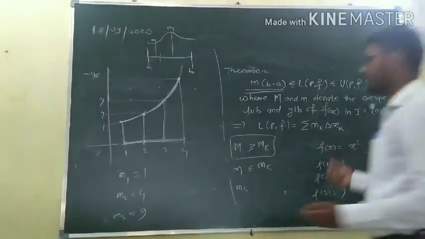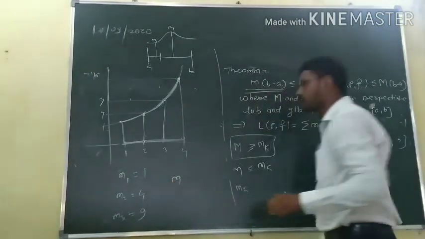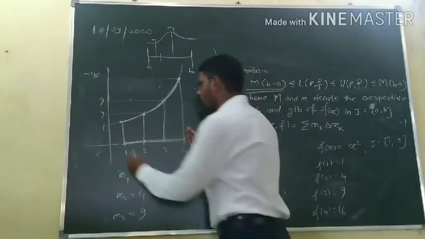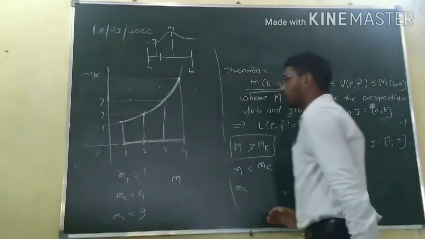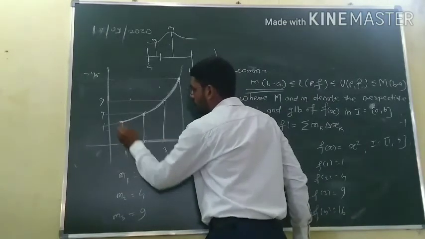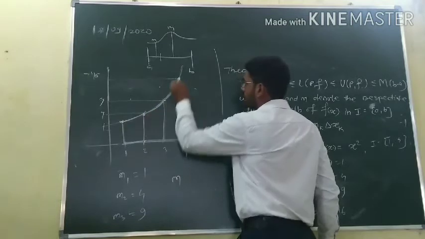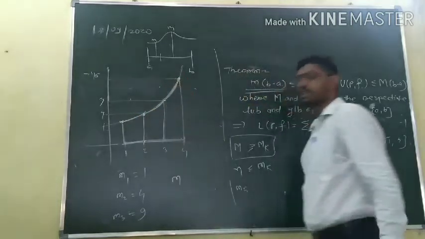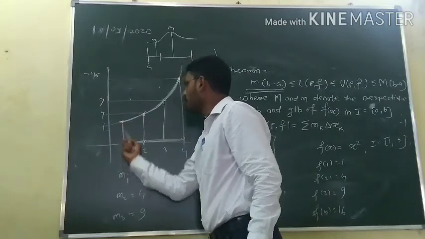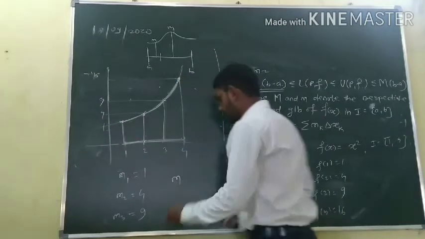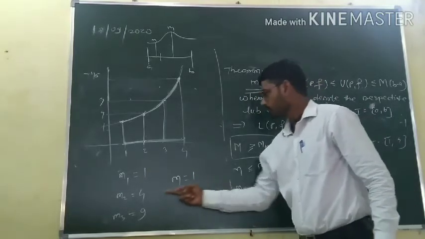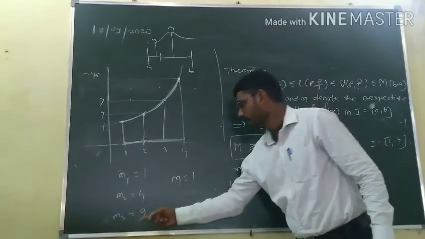These are the minimum values of the function in the three subintervals. Now what is small m, the minimum value of the function in the whole interval 1 to 4? The graph of the function is increasing, so the minimum value is at point 1, which is 1. So m is equal to 1. Here 1 is equal to 1, 4 is greater than 1, and 9 is greater than 1.